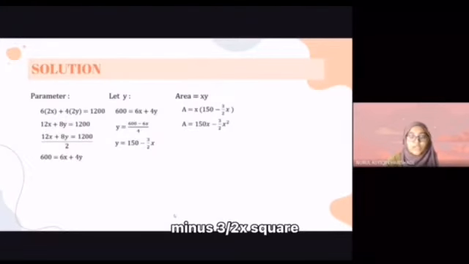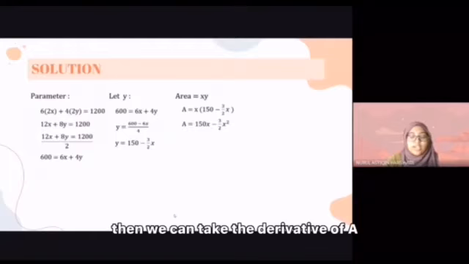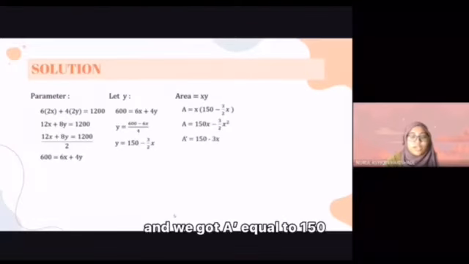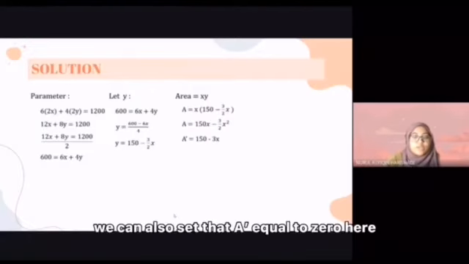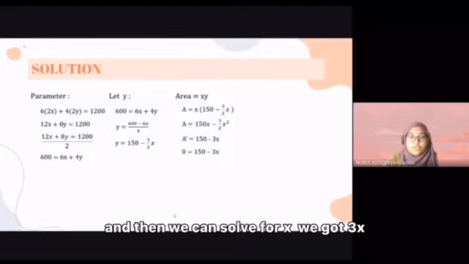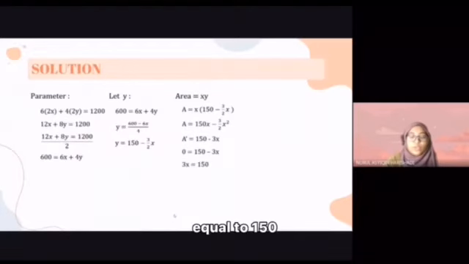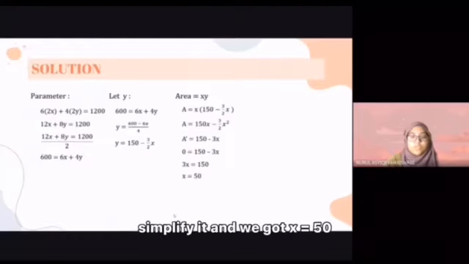Then we can take the derivative of A, and we get A prime equals 150 minus 3x. We set A prime equal to 0 and solve for x. We get 3x equals 150, and x equals 50.